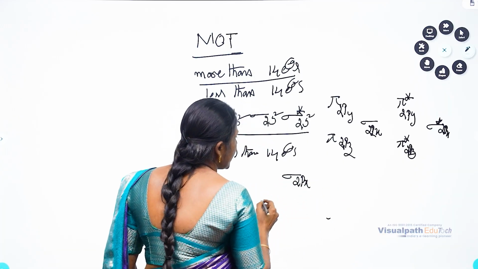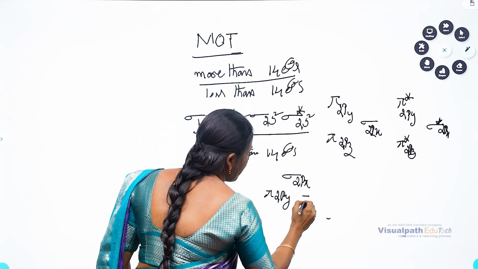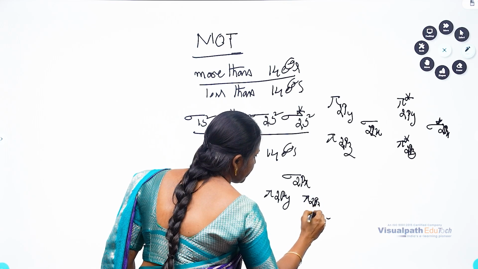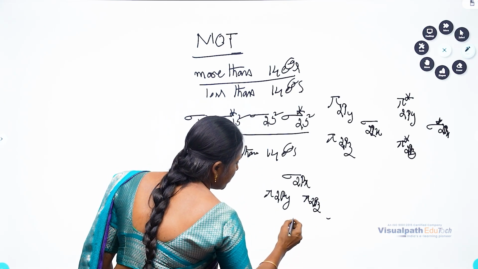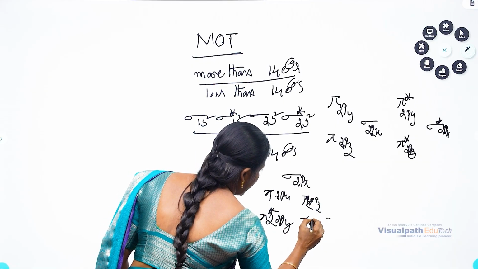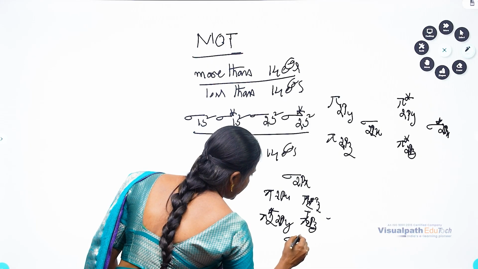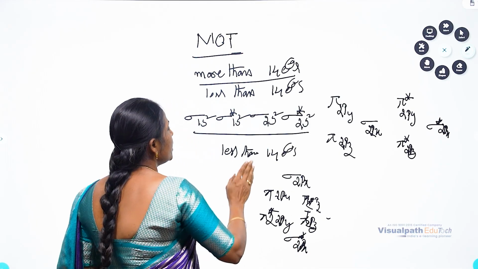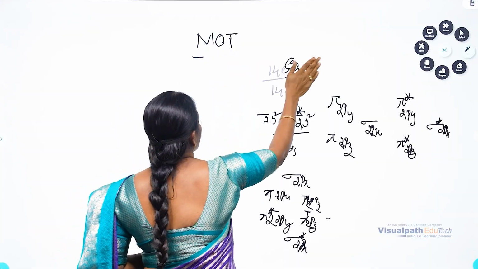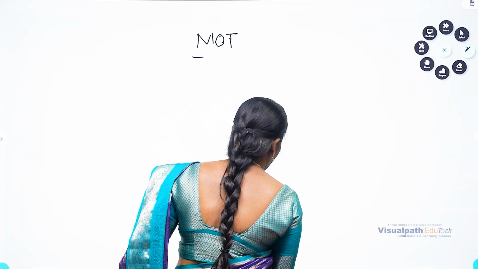After that the next electrons enter into the pi 2py and pi 2pz. Then the next electrons enter into the pi star 2py and pi star 2pz. After that they enter into the sigma star of 2px. So these two options are there, more than 14 electrons and less than 14 electrons.